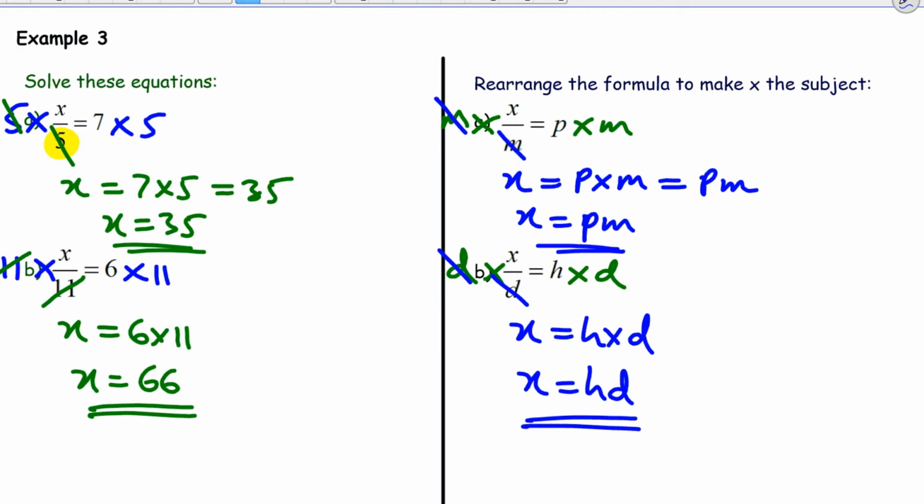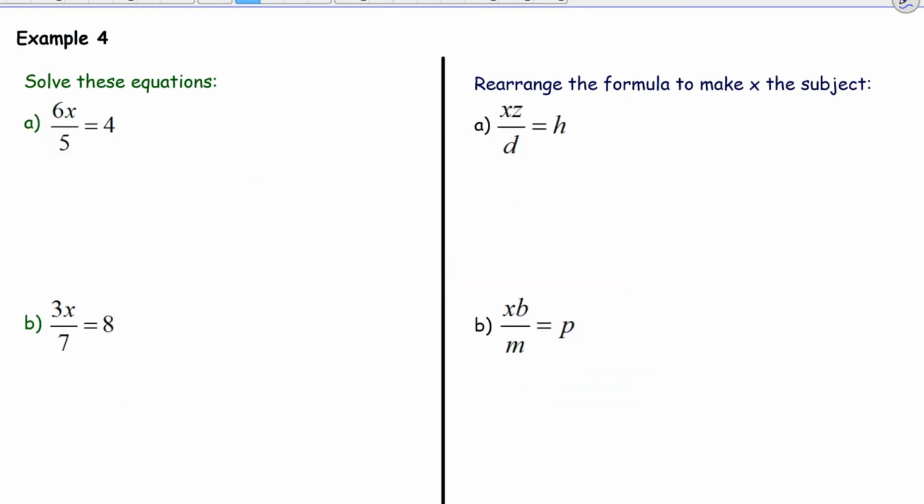All right. Example 4. We'll apply the same process. Start by getting rid of the denominator. So multiply by 5 on each side, because the opposite of dividing by 5 is multiplying by 5. 5 divided by 5 is 1. So 6x will be equal to 20. 4 multiplied by 5 is 20.